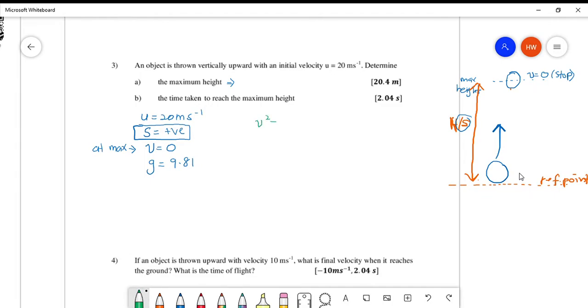V square equals to U square minus 2GS. Okay, so 0 square equals to 20 square minus 9.81 S. Right, so bila kita tekan calculator, kita selesaikan, kita akan dapat S equals to 20.4 meter.